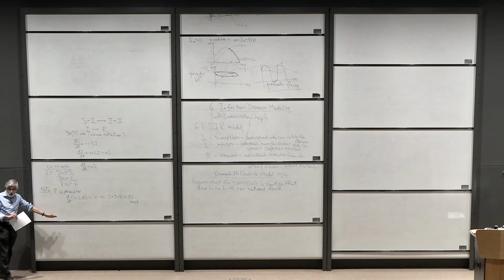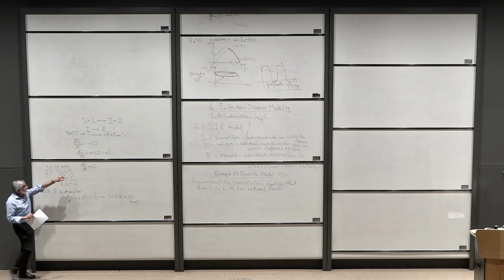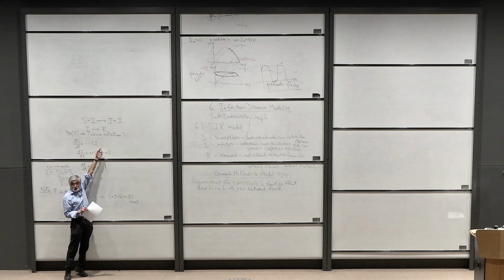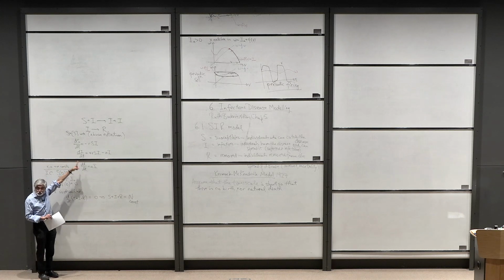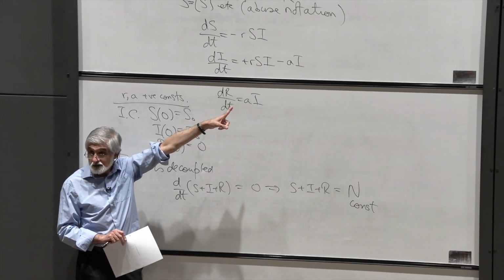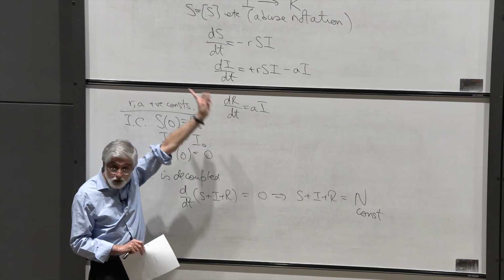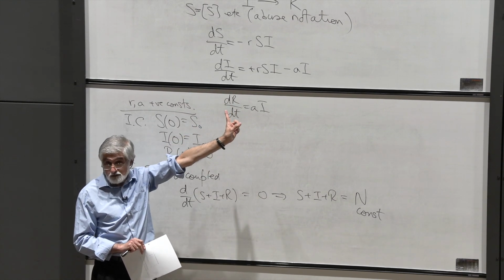Now, there are other diseases, like, for example, Ebola, where people can catch the disease from the funeral ceremony. So in that case, you would have the big R up here as well. So depending on the disease you're modeling and the detail you want to go into, you would have different versions of this. So this is just one version of a disease model.